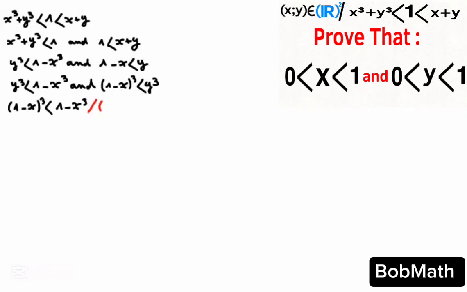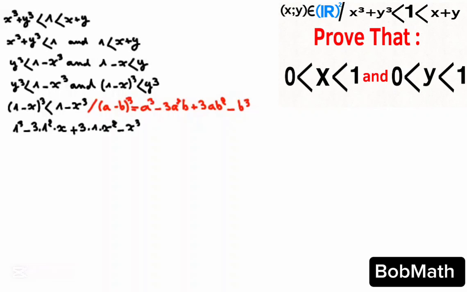Now we have (a minus b) all cubed equals a cubed minus 3a squared b plus 3ab squared minus b cubed. Now we will apply this property in this example. So 1 cubed minus 3 times 1 squared times x plus 3 times 1 times x squared minus x cubed less than 1 minus x cubed.